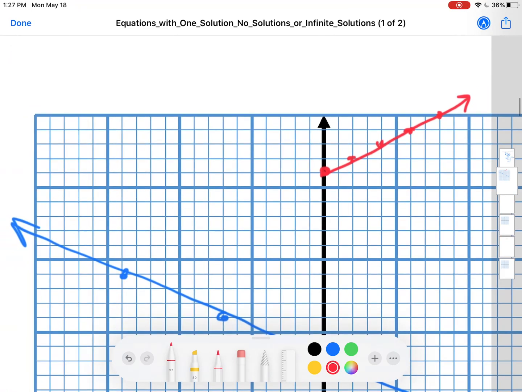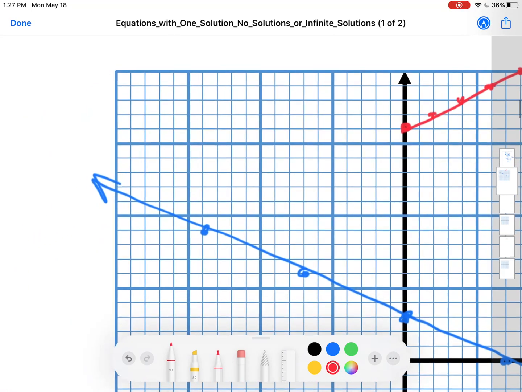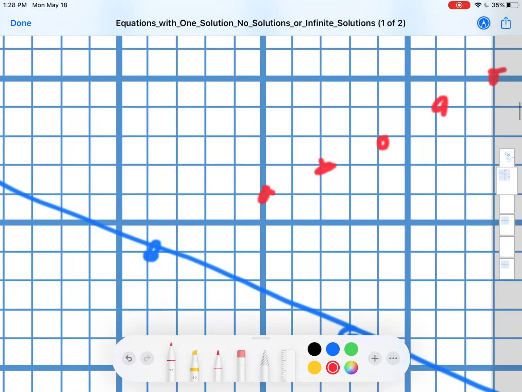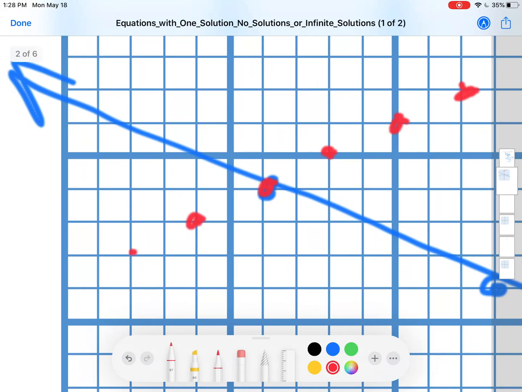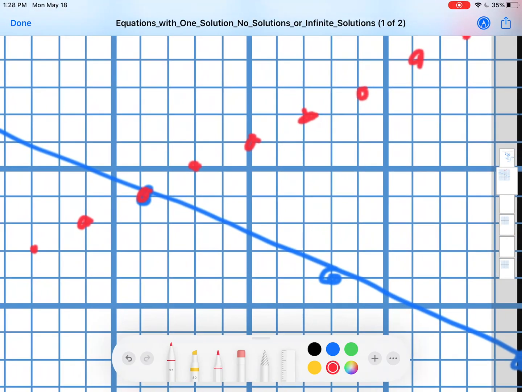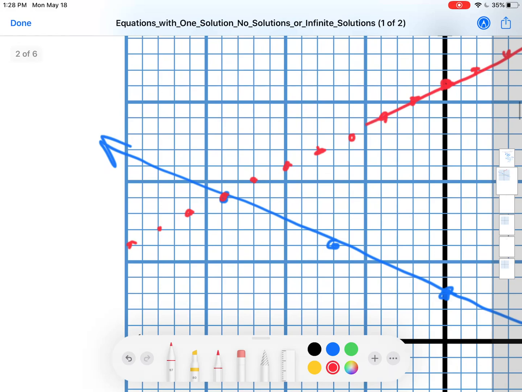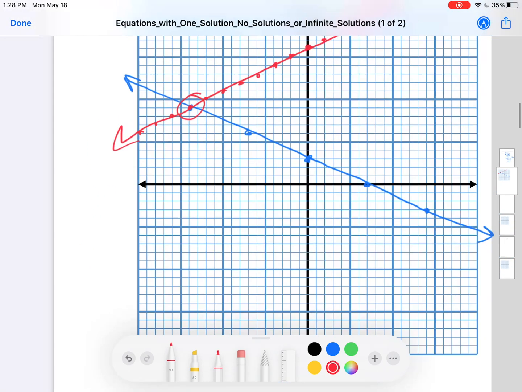It only goes up 1/2 of 1 at 1. Okay, I should be a little more careful. There's my point of intersection. Draw the line. There's my point of intersection.